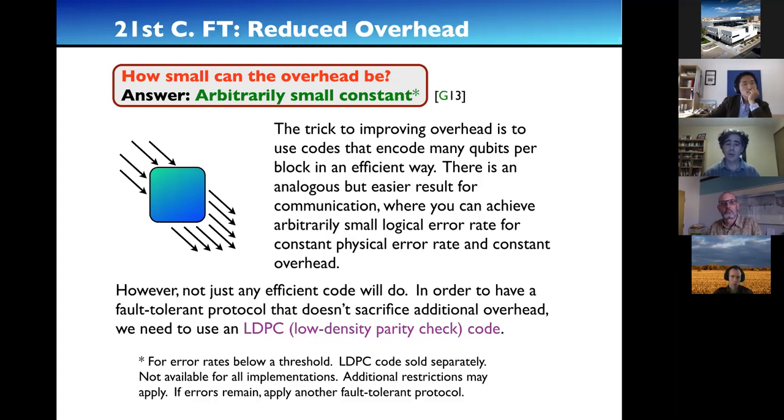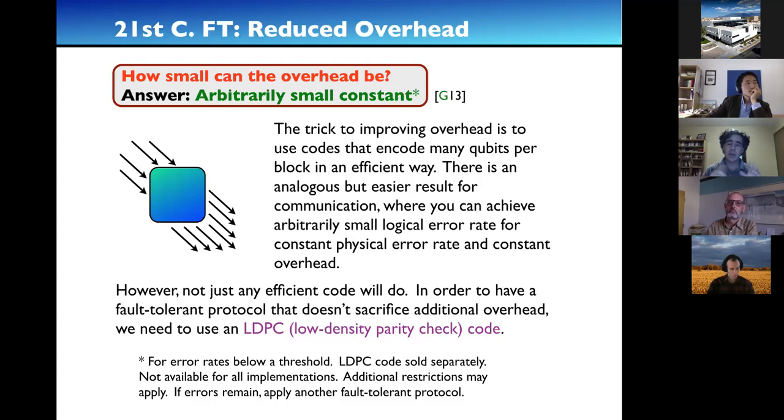You can have codes that encode many qubits in a single block of the code, with only a small ratio of physical qubits to logical qubits, and yet still tolerate errors with a constant rate per qubit and have an arbitrarily small logical error rate. Okay, so you don't have to trade off overhead as your communication, the number of qubits that you're sending for communication, gets large.